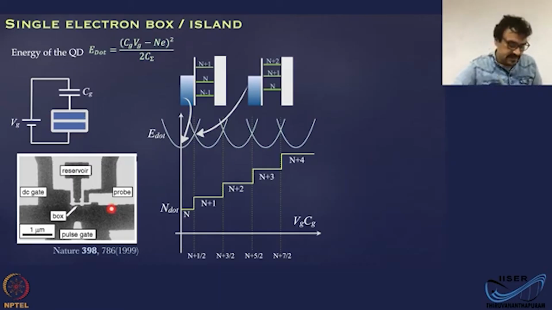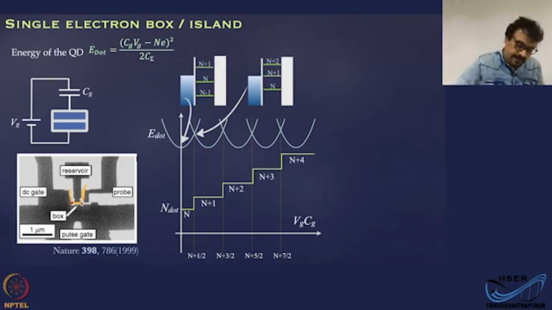And here is a scanning electron micrograph of one of the devices. What you're seeing here is a small conducting region which is connected to a source of charge through some tunnel barriers, which are not really clear in this picture, but there are tunnel barriers at these points.